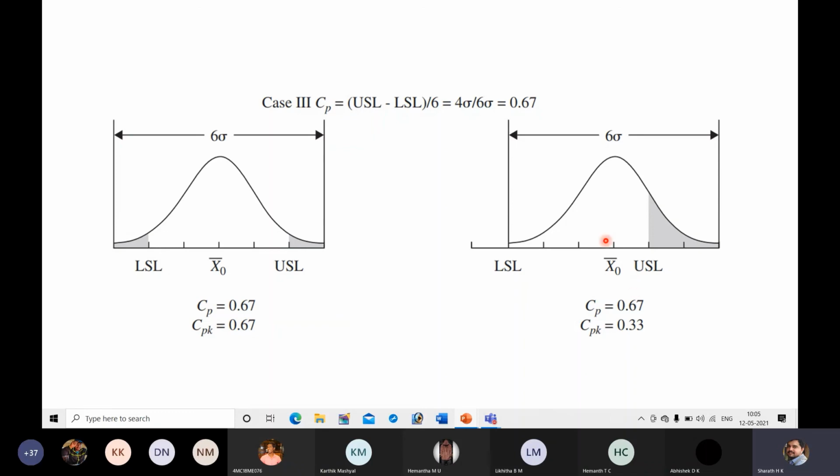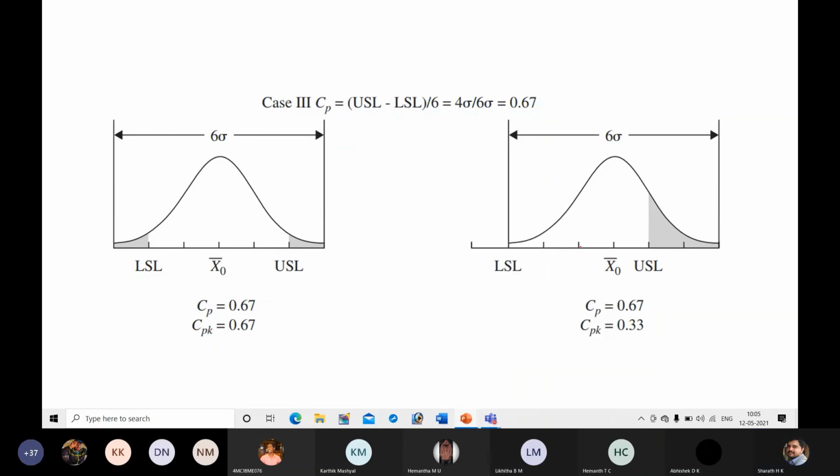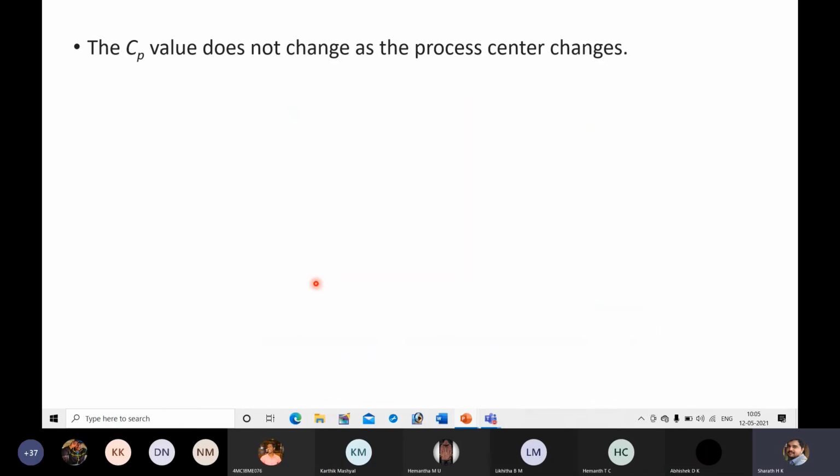Next, if it is off centered, instead of having the center at this location, the value of this performance indicator will fall from 0.67 to 0.33.